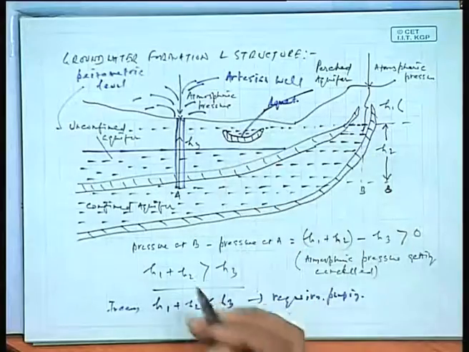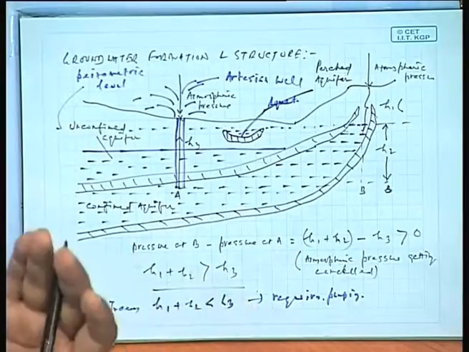This is where the water is collected in an impervious structure within a pervious structure, where water is otherwise pervious but there is an impervious structure, say some kind of igneous intrusion. The nature of the igneous intrusion in a metamorphic or sedimentary rock would make that particular area impervious. The water would not go out.